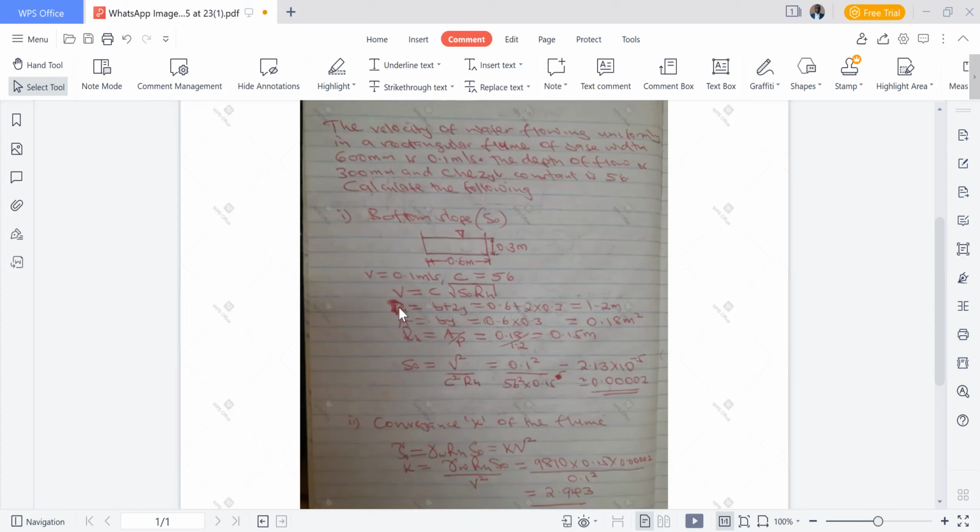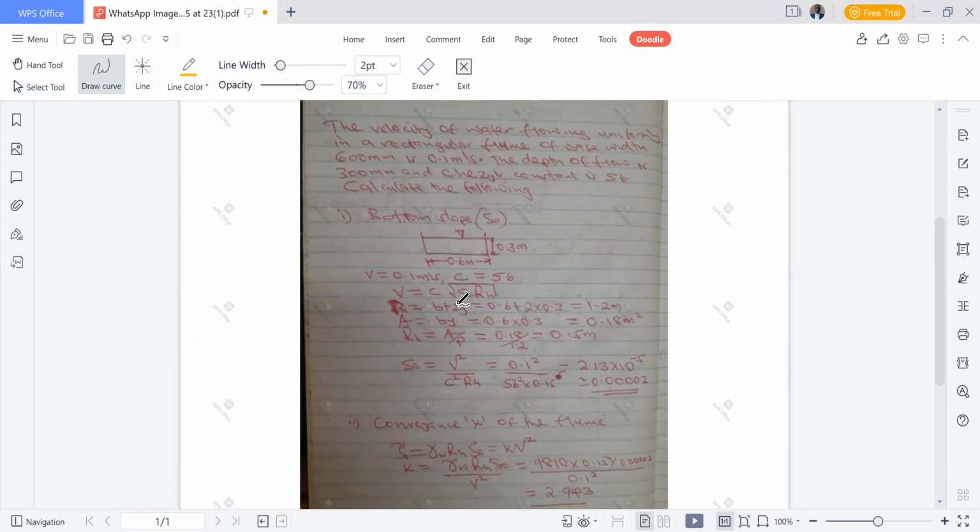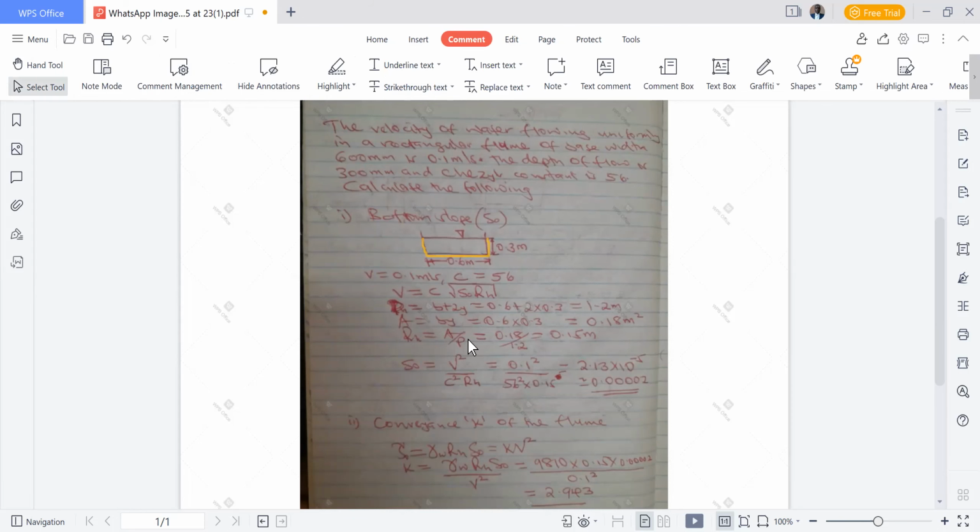We'll start by computing the wetted perimeter. Now, when we talk about wetted perimeter, it means the parts of the channel that are in contact with water. So for this case, from where the depth of water is, this way and this way is what we call the wetted perimeter P. So now our wetted perimeter P will be equivalent to B plus 2Y.